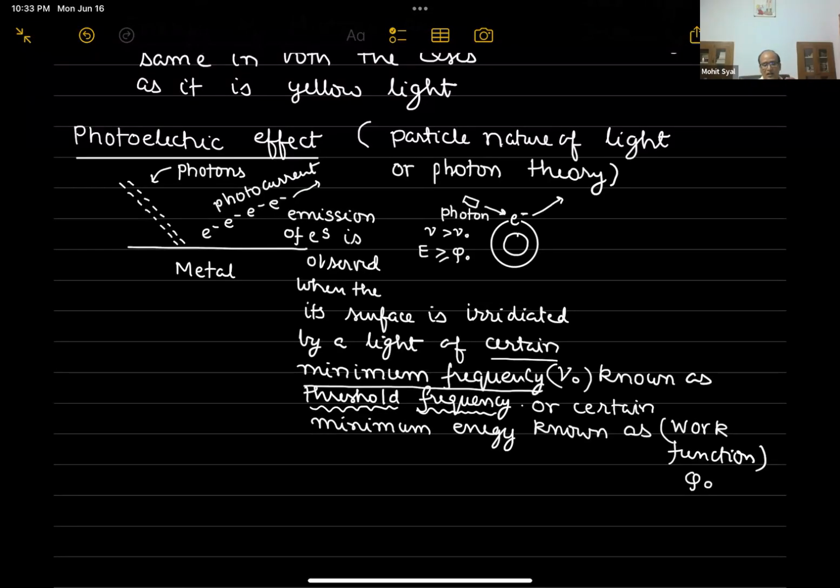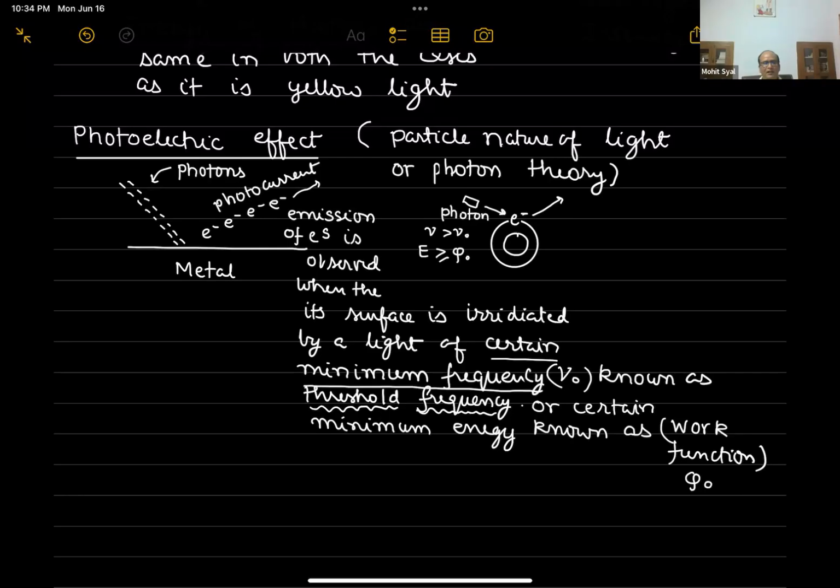If you take a low energy light whose energy is less than the work function or whose frequency is less than the threshold frequency, no matter how long you irradiate the metal, the electrons will not be released. This experiment can be explained by assuming that light is a stream of particles, continuously coming and hitting the metal surface one by one. Electrons are being ejected, but that hit should be of the proper energy.